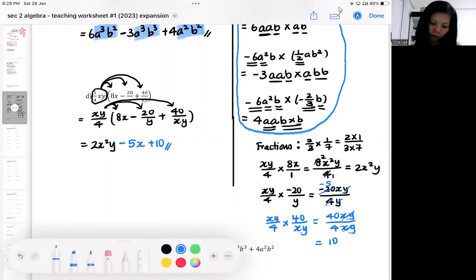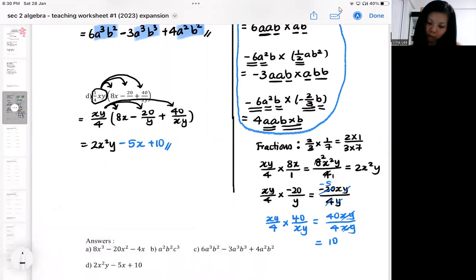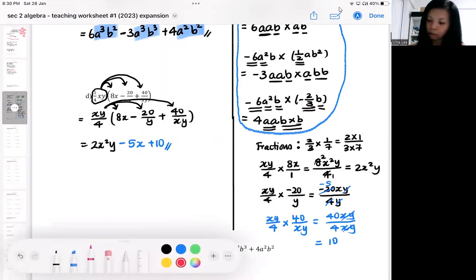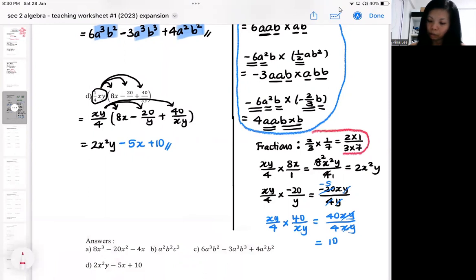So when it comes to fraction, it's basically a lot of what you learn in primary school. The technique is the same. Fraction times fraction will be numerator times numerator and denominator times denominator. But a lot of students, when they see fractions algebra, they start to get confused, not realizing that it is the same technique that you learn in primary school.